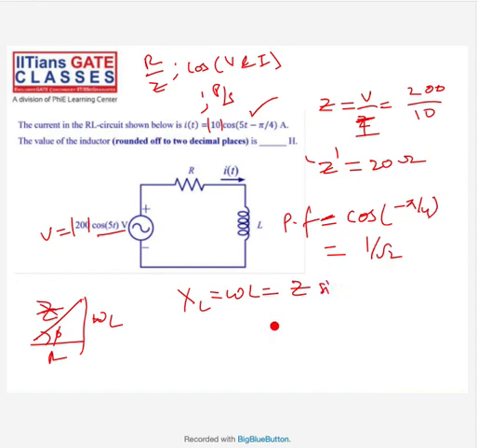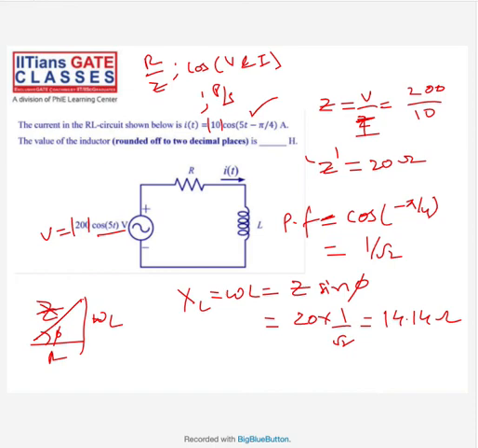Cos phi is 1 by root 2, sin phi is also 1 by root 2. 20 into 1 by root 2, 14.14 ohms.